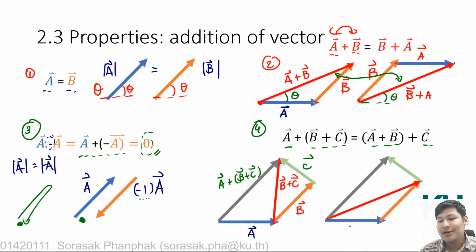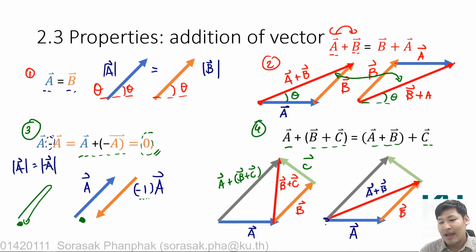So what happened here? Rather than you group B and C first, now you group A and B first. You see the resultant of the addition of A and B. So you get the red one, which is the A plus B vector. We did tell you about head and tail connection to get the resultant vector.